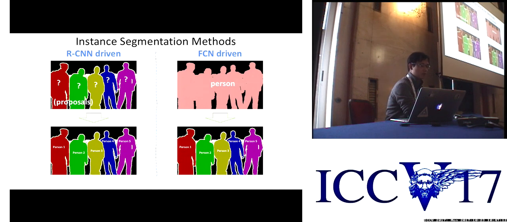And then they run slow or fast R-CNN to classify these proposals into instance segmentations. Another family of methods are FCN driven. They usually start from the semantic segmentation result, which does not distinguish the object instances. And then starting from this result, they try to cut this semantic segmentation result into separate instances.